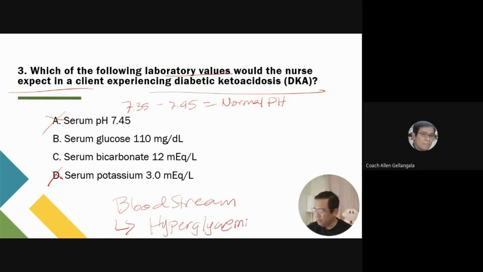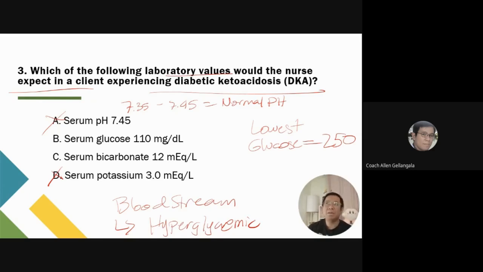So if you are going to test a patient with diabetic ketoacidosis, the lowest glucose that you will encounter is 250 milligram per DL.